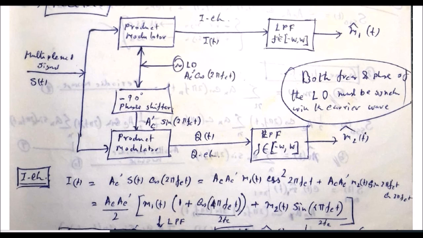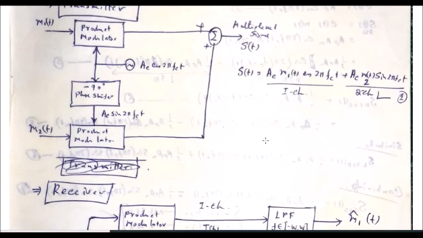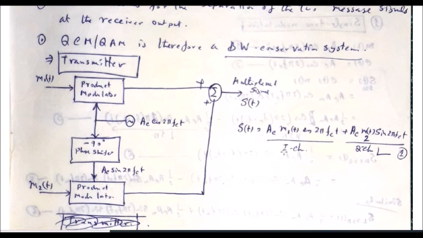So it is the procedure of reception of the QAM or QCM. Actually, here the bandwidth of the signal is conserved, because we are using a single channel of bandwidth 2W to transmit two different user signals. Since we are using the same carrier frequency, and the carrier signals are quadrature in nature, they are mutually out of phase.